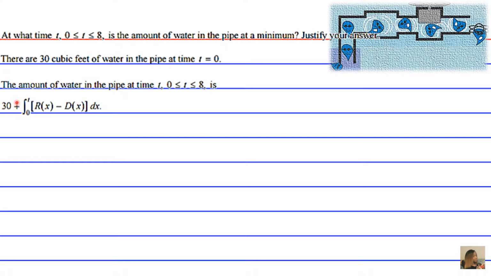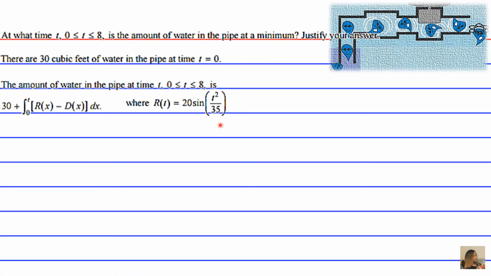So 30 plus the integral from 0 to t of r of t dt. I know it says r of x dx here, but it's really r of t dt.